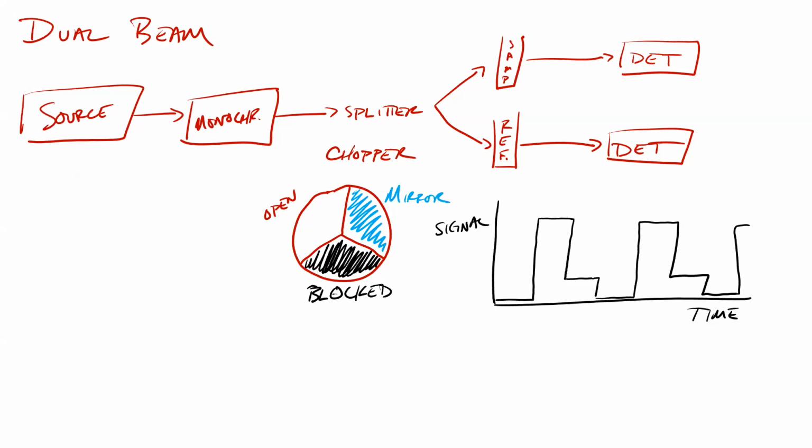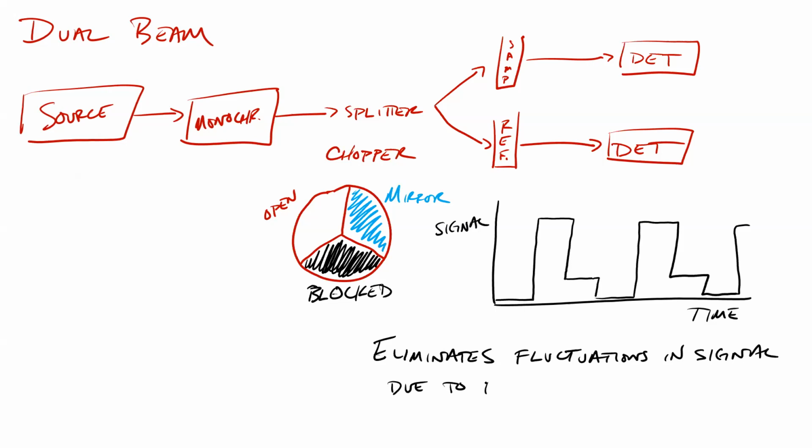And so doing this eliminates or greatly reduces, but I'll say eliminates because it does a very good job, fluctuations in signal due to source instability.